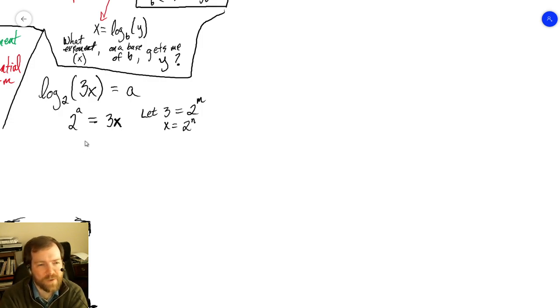Then 3 is equal to 2 to the m times x, which is now equal to 2 to the n. When you multiply two like bases together, you add their exponents. So this is now 2 to the m plus n equals 2 to the a.